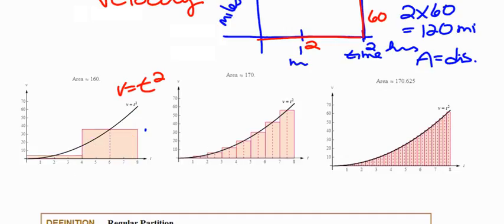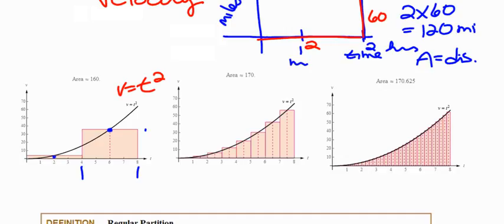So you can see here, in this first graph, we only used 2. And we could find easily the length times width, the area of a rectangle, and we could calculate with 2 of them using this function v equals t squared, using these points to get the height. And we can count literally from the graph our width. So we could do that easily.